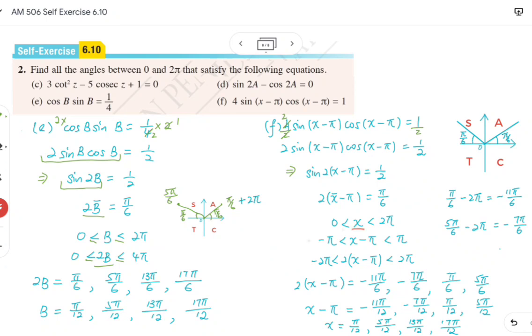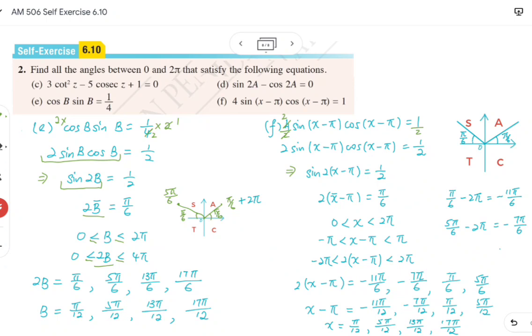From our domain of x from 0 to 2 pi, x minus pi will be 0 minus pi, which is negative pi, and 2 pi minus pi, which is pi. So we start from negative pi to positive pi, and we need to multiply this range by 2. So, 2x minus 2 pi will be from negative 2 pi to positive 2 pi.